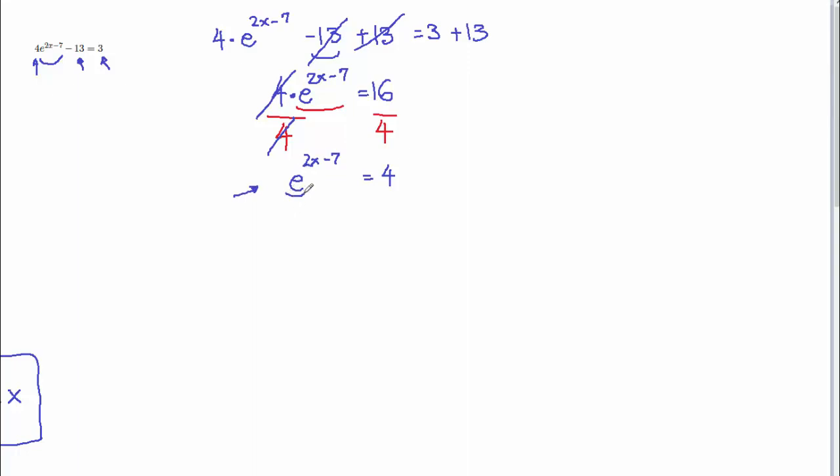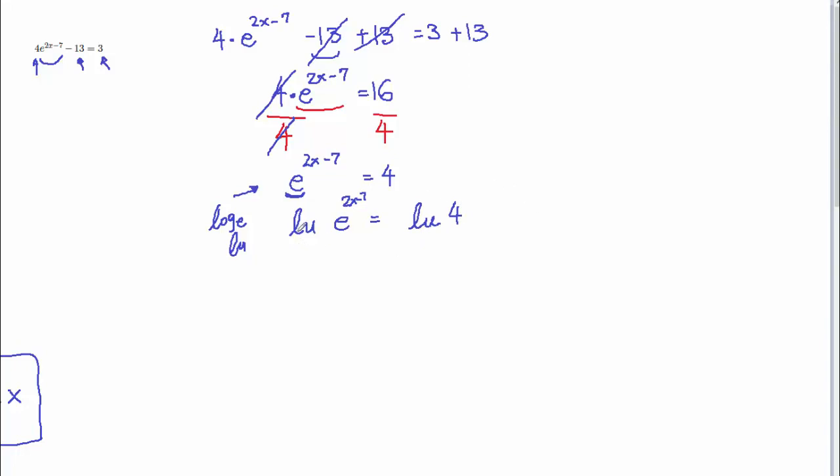The base of my power is e, so I'm going to take the log with base e, that is nothing else than the ln. So I will take ln from both sides of the equation. ln of e to the 2x minus 7 equals ln of 4.